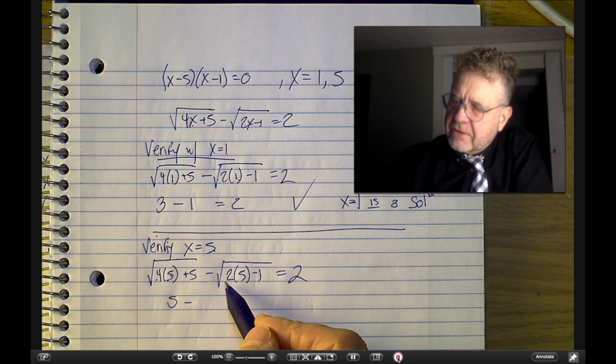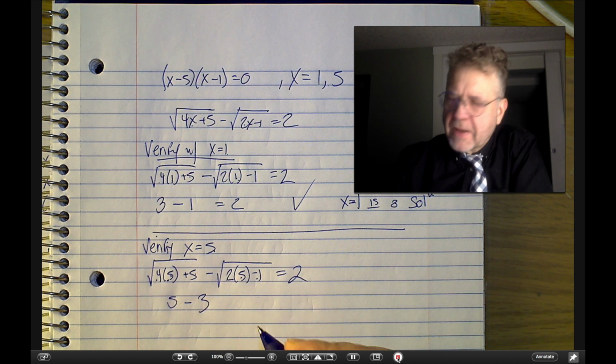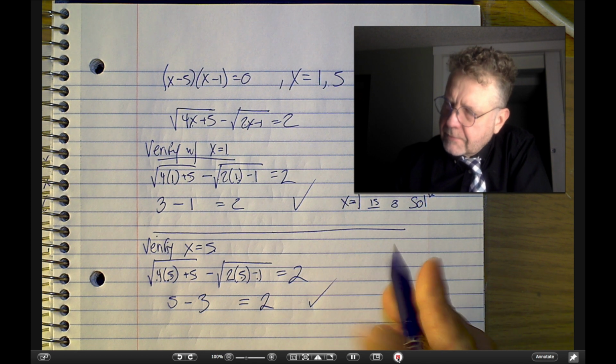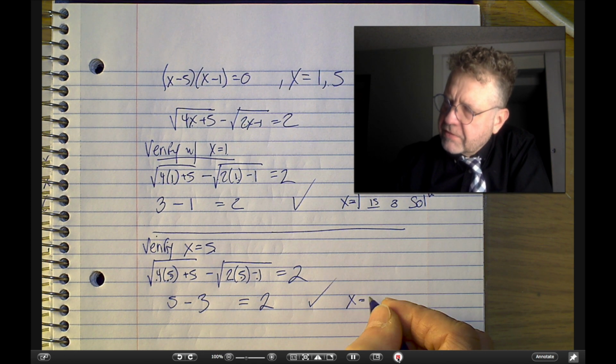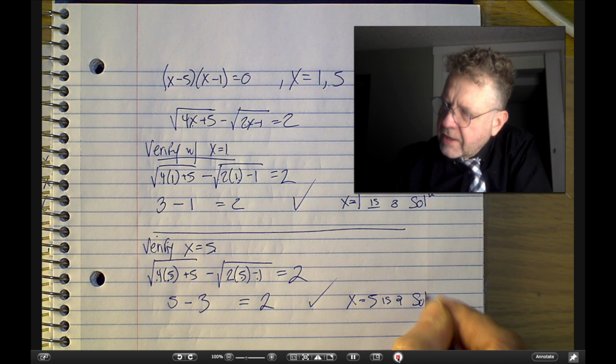Minus, all right, 2 times 5 is 10. 10 minus 1 is 9. Square root of 9 is 3, so 5 minus 3. Hey, look at that. x equals 5 is also a solution.